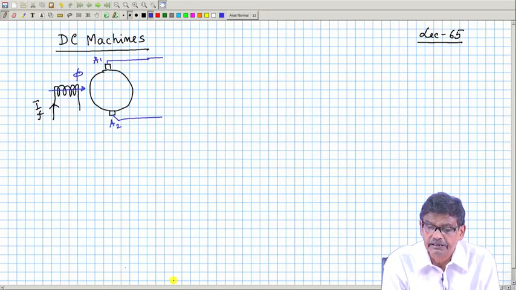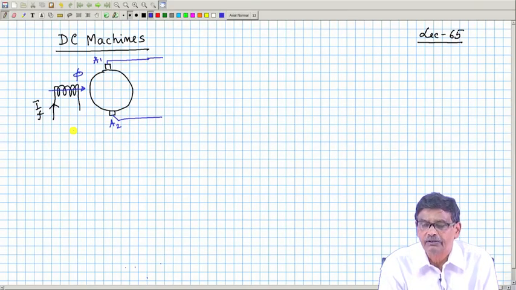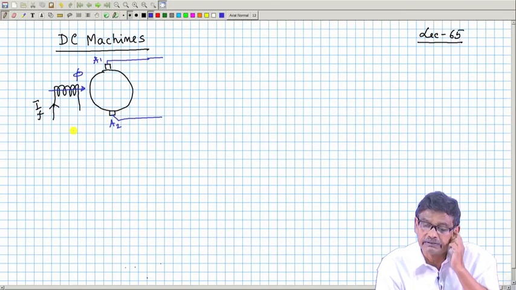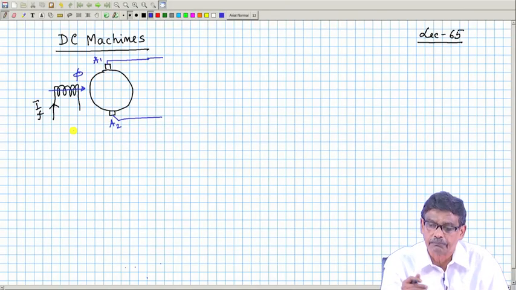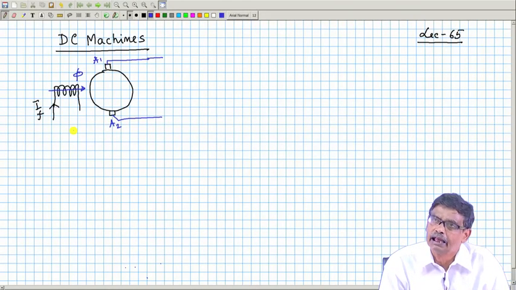But in case of DC machine, it is not possible to put the field winding on the rotor and armature winding on the stator, simply because the commutator action, commutator and brushes which make DC, will just not be there. With the advent of power electronics devices, very fast switching can be done where such a thing is possible.